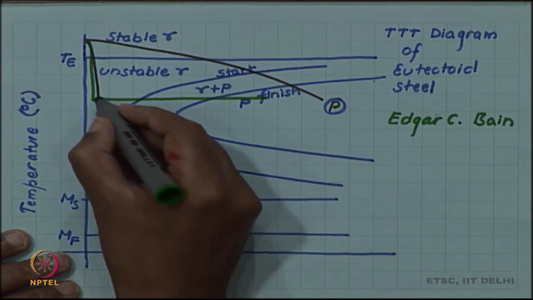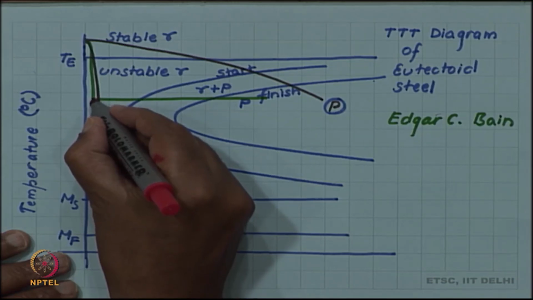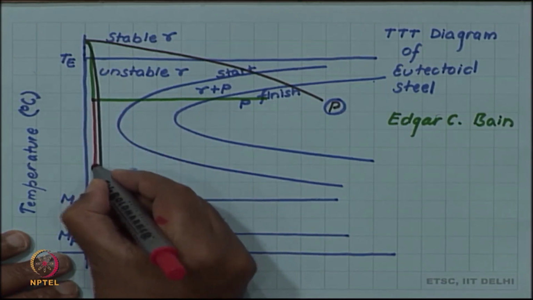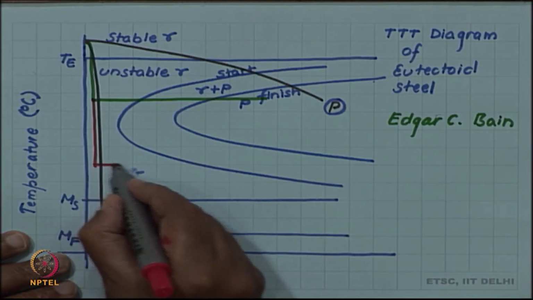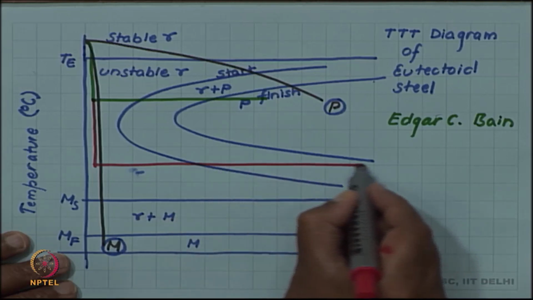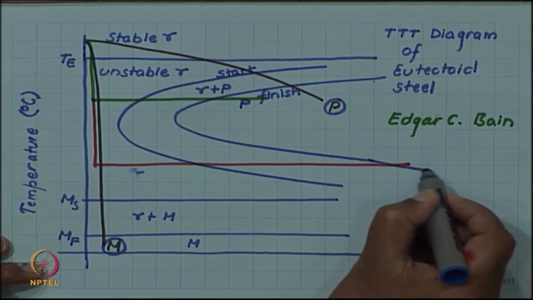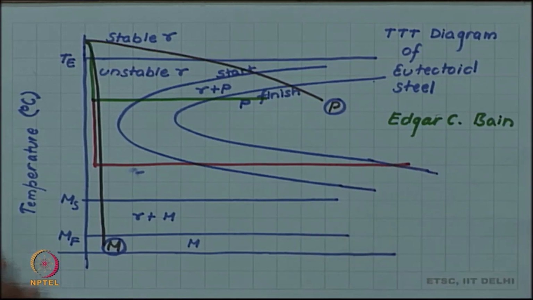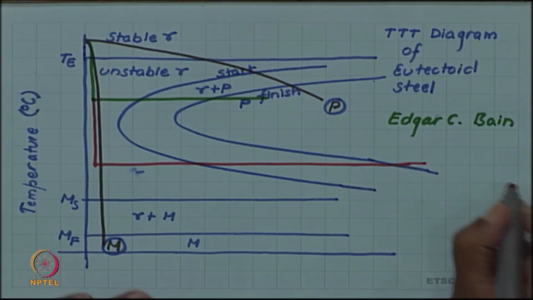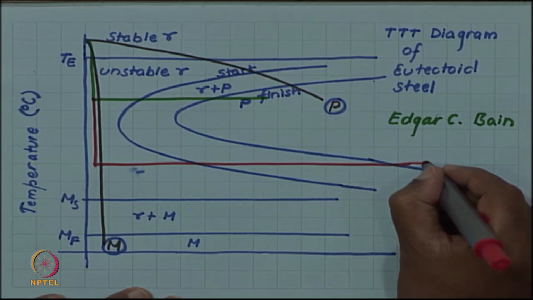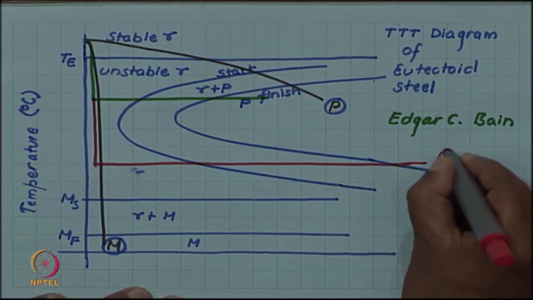But when he carried this experiment to a much lower temperature, so if you cool to a low temperature and then hold it at that temperature for transformation to happen, he found that the transformed product did not resemble pearlite. This was not pearlite.